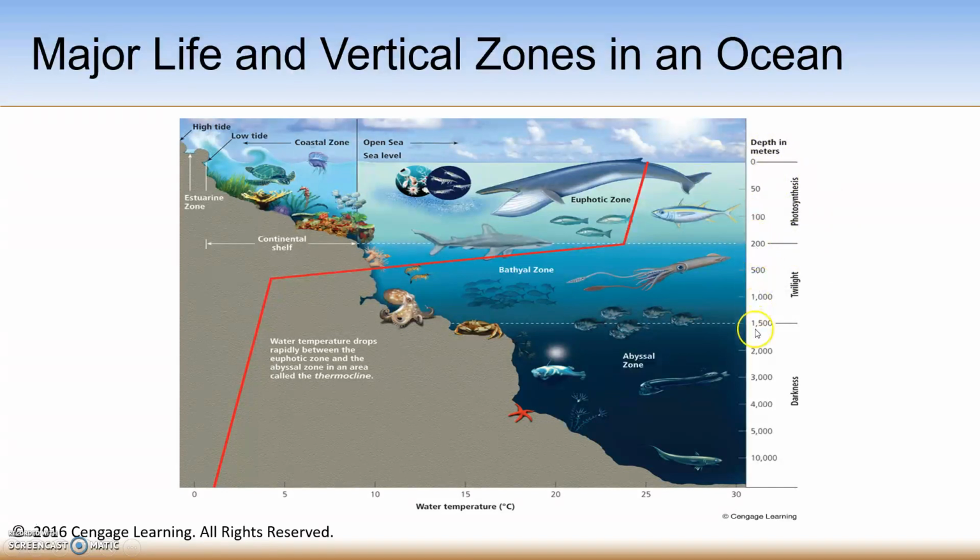And then from 200 meters to 1500 meters, we call this a twilight zone, where there's just barely light getting through. And then deeper than 1500 meters is considered to be complete darkness. The 3 zones are actually named the euphotic zone, the bathal zone, and the abyssal zone.